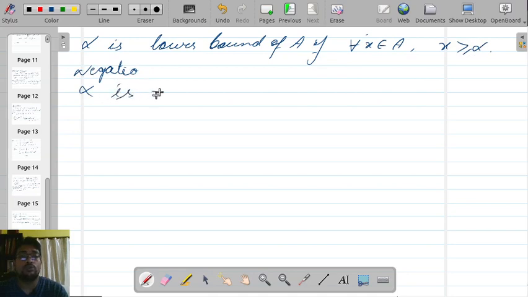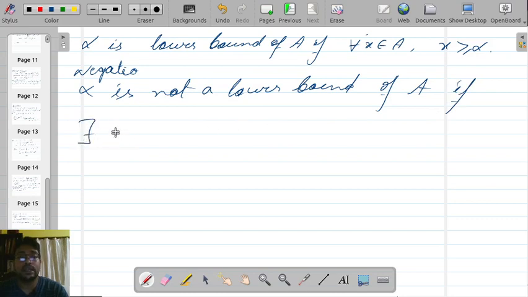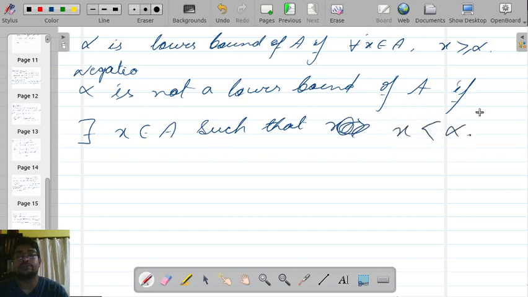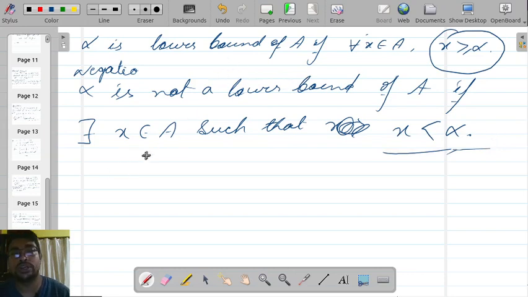Alpha is not a lower bound of A if there exists an x inside A such that x is strictly less than alpha. For the original statement, the condition was that given any x in A, x should be greater than or equal to alpha. So its negation is that there is an element x in A such that x is strictly less than alpha. That is called alpha is not a lower bound.